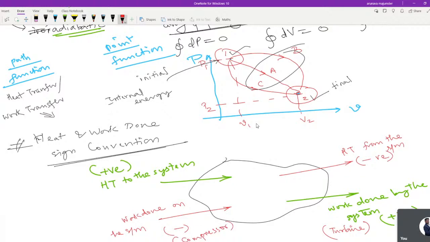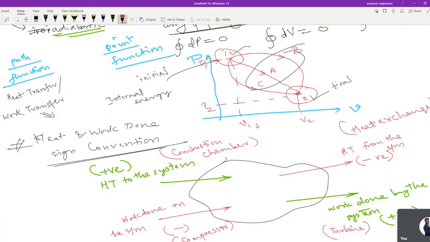Where heat is added, heat transfer to the system, it is an example of a combustion chamber. And when heat leaves, it is a simple heat exchanger.